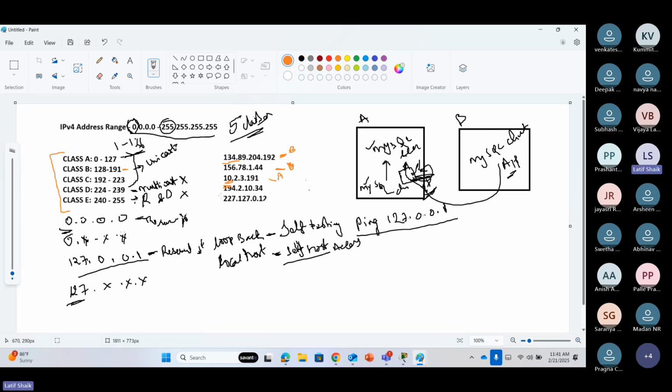Next, 194. Class C, because 192 to 223 is class C. 227.127.0.12. Class D. Very good. So when you see an IP address, check the first octet, check the range of these classes, and you can identify which class of IP address it is.